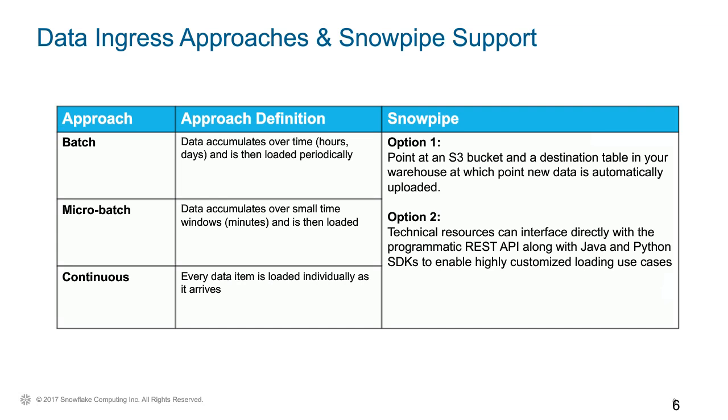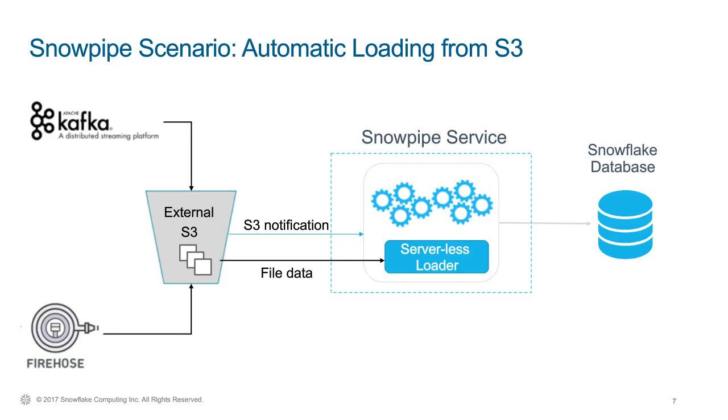So let me tell you a little bit more about the scenarios here that are driving this experience. What we see very often is data sources providing their continuous data feeds into services like, for instance, Kafka or Kinesis. And you can use them to stage your files into an external stage, a bucket in S3. And then as soon as these files arrive in the bucket, you send a notification from S3 to Snowpipe. As soon as Snowpipe receives that notification, it places the information about the new file in a queue.